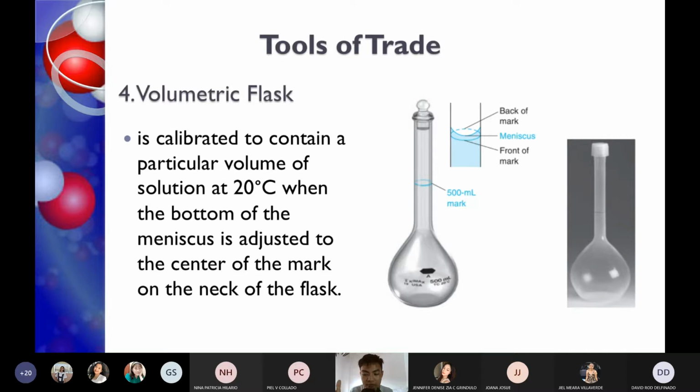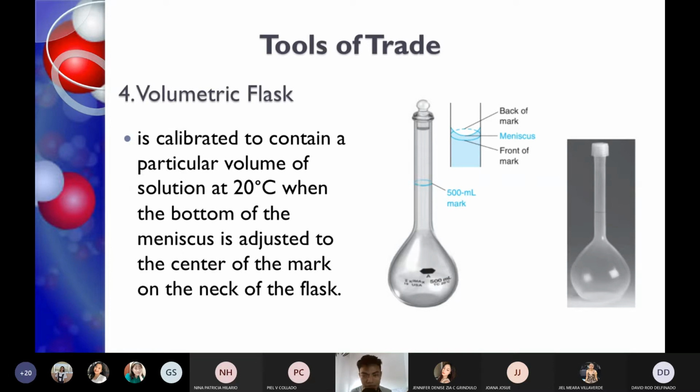So, volumetric flask is an instrument that is calibrated to just one volume measurement. So, isa lang yung volume na pwede niya gawin. Meron niyang 50, meron niyang 100, meron 250, may 500, and may 1 liter volumetric flask. So, hanggang dun lang yung versions niya.